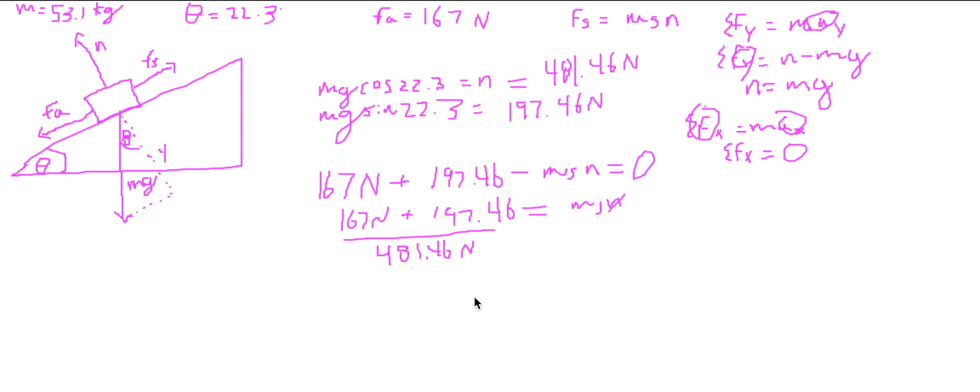So if we just type this in, we'll get the coefficient of static friction. So 167 plus 197.46 divided by 481.46 gives us a value of 0.757.